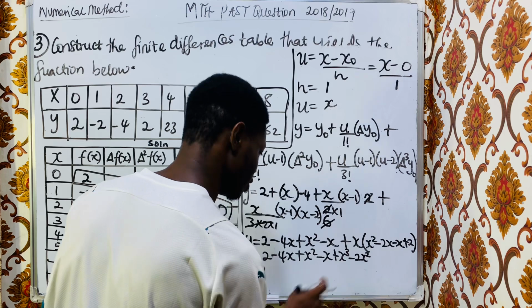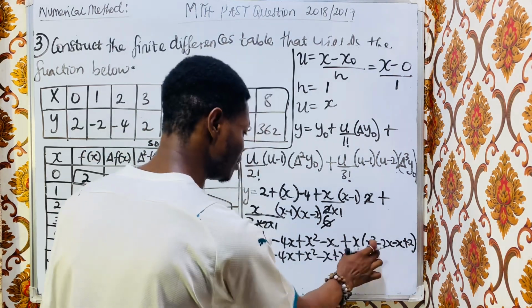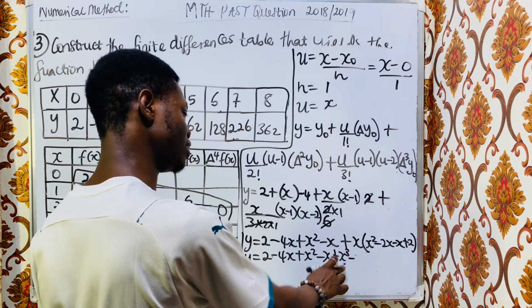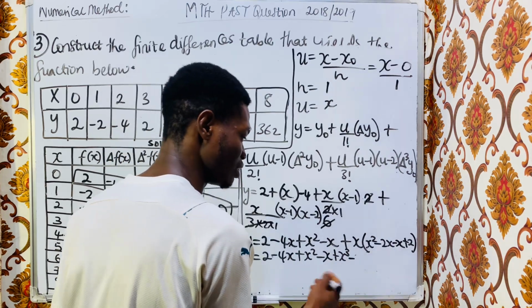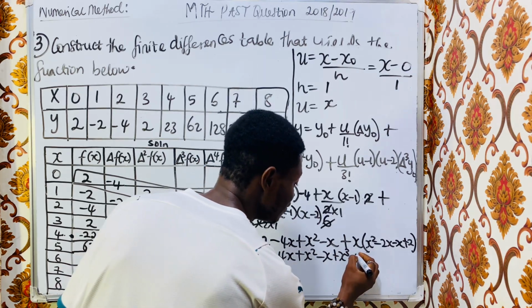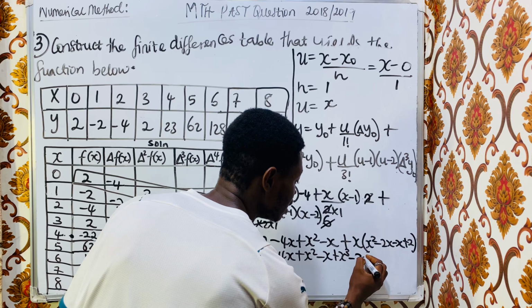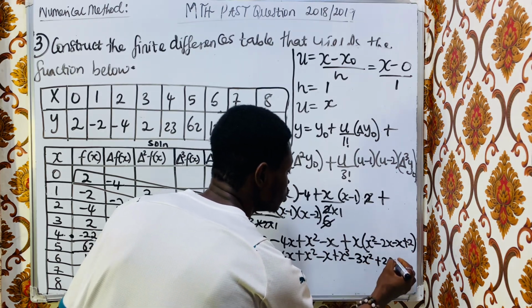Sorry, let me bring them together. So this times this will give us positive x cubed. Then negative 2x minus x will give us negative 3x squared. Then this one times this one will give us plus 2x.